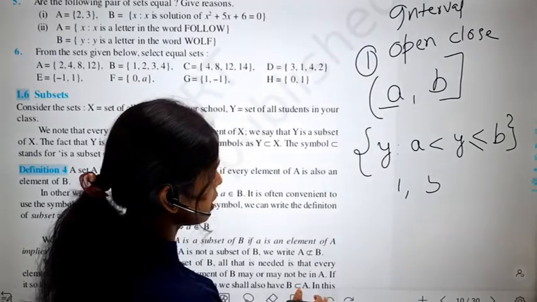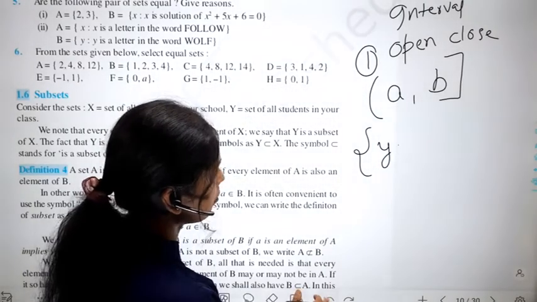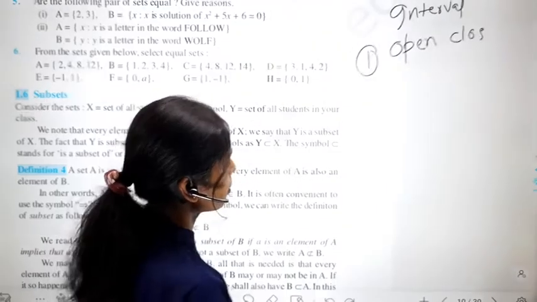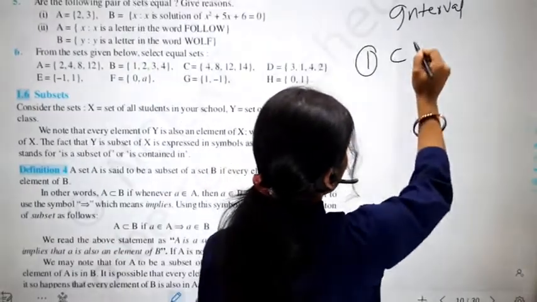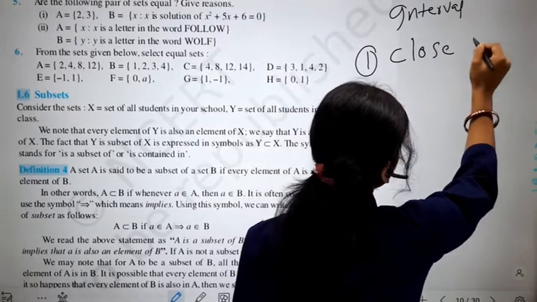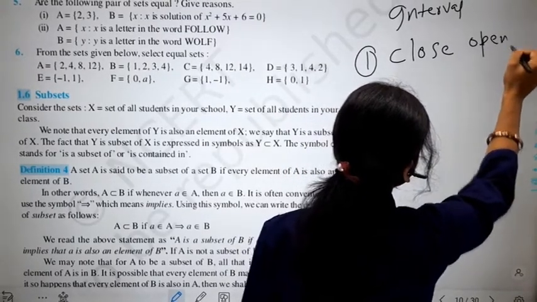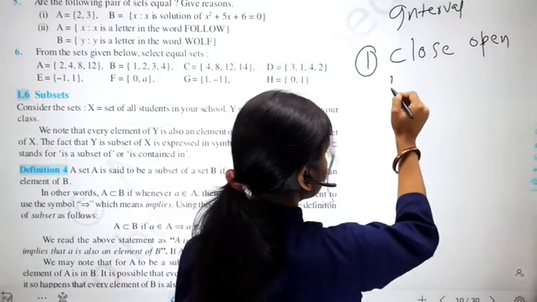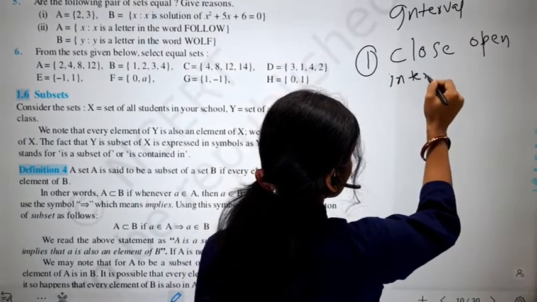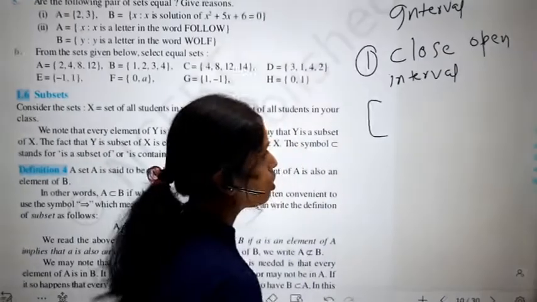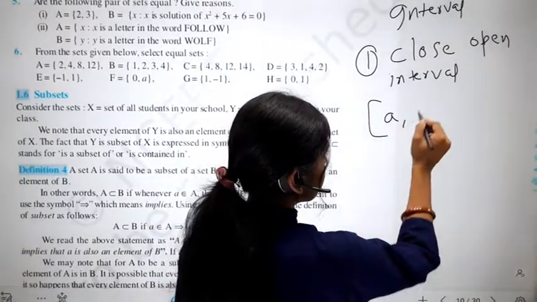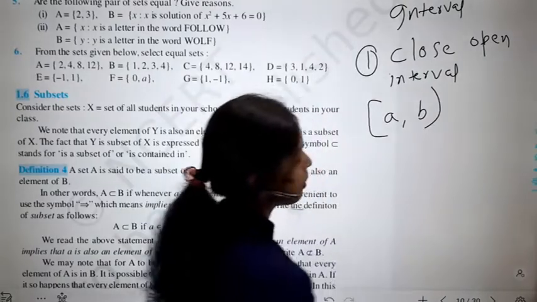And the next one is a close open interval. The first one is close and the second is open.